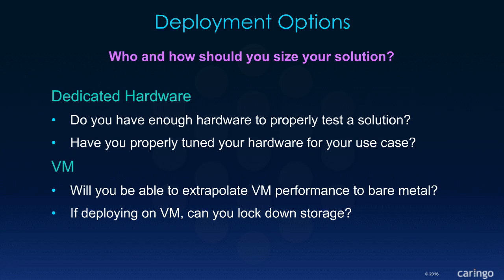Things you need to watch out for when you're running virtual machines: can you lock down the storage in the virtual machines? Typically you can. It's not terribly difficult to do. But ultimately you have a constellation of service components that may be deployed in a virtual machine, and the ultimate storage cluster itself is something that runs on physical equipment.